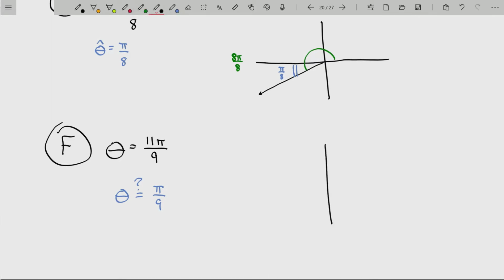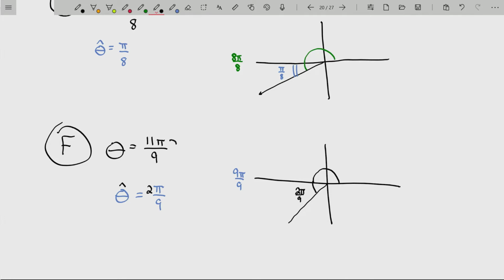Drawing the XY axis, you know that pi, right over here, is 9 pi over 9. So you know you're going to go beyond there. Our angle opens up, goes to 9 pi over 9, and then some more. But the some more in this case is an additional 2 pi over 9. And so our reference angle here, theta hat, is not pi over 9. It's actually 2 pi over 9. So you do have to watch out.